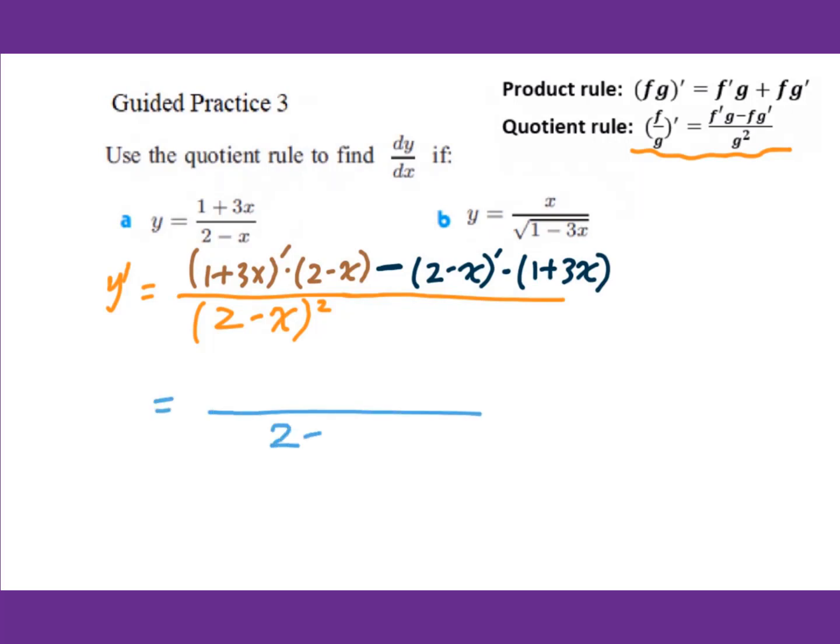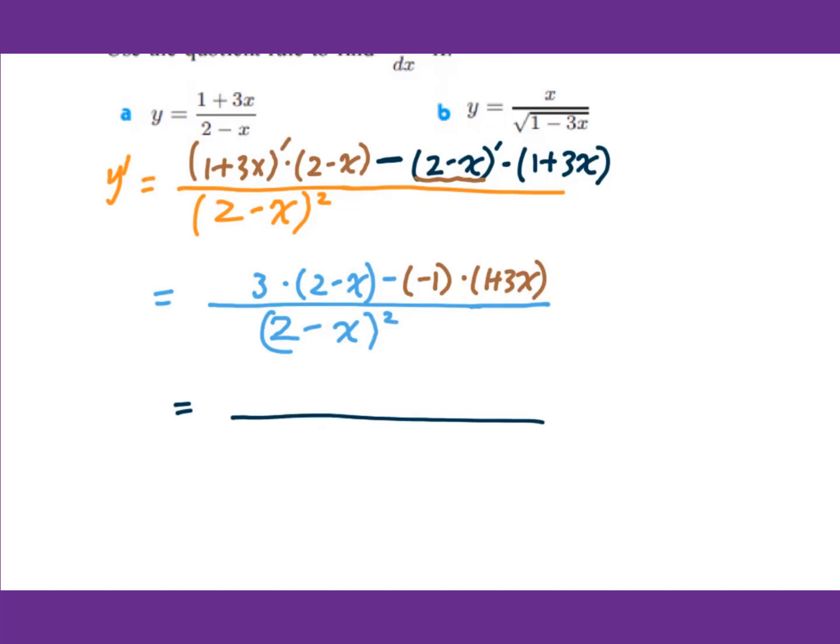So we get 2 minus x squared. The derivative for 1 plus 3x, that's 3 times 2 minus x. Minus the derivative for 2 minus x, which is negative 1, times 1 plus 3x. Now we need to simplify the numerator, distributive property: 6 minus 3x.